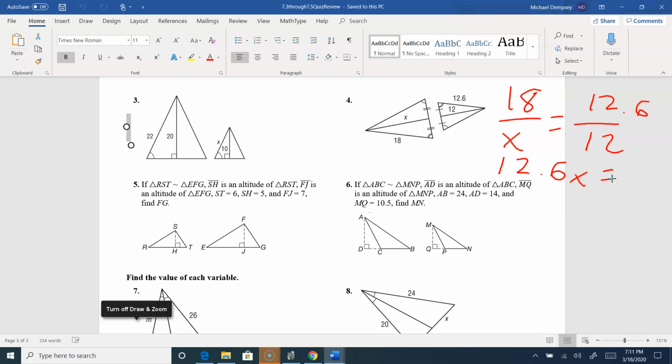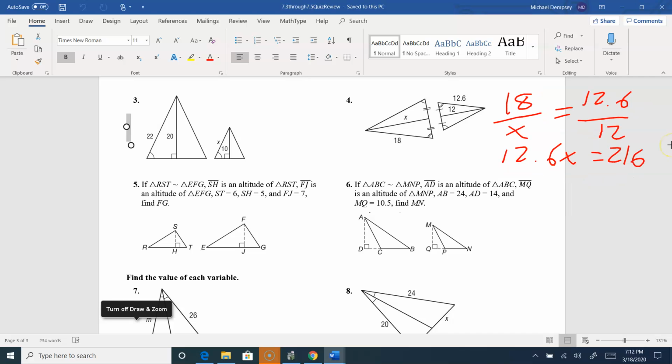And then when I do 18 times 12, I get 216. So if we divide both sides by 12.6, we get x equals 17.1. It's a pretty long decimal. I think it's 17.17, something like that, but 17.1 will be good. We can round that to 1 decimal place. Okay.